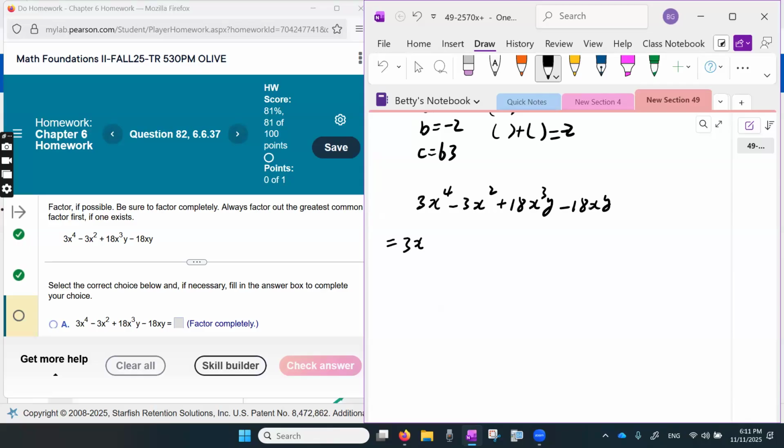After we factor 3x out, we have x cubed minus x plus 6x squared y minus 6y. Let me double check. We factor 3x out, so that's x cubed minus x.